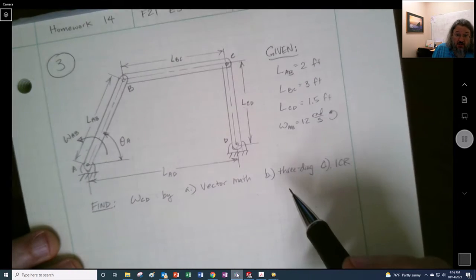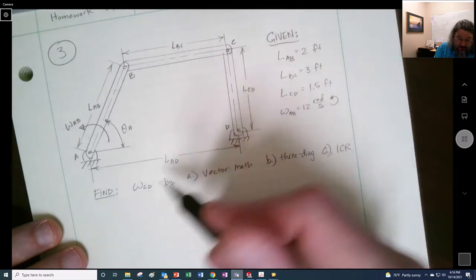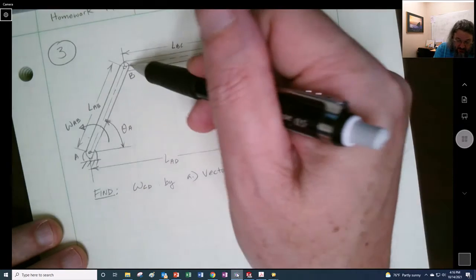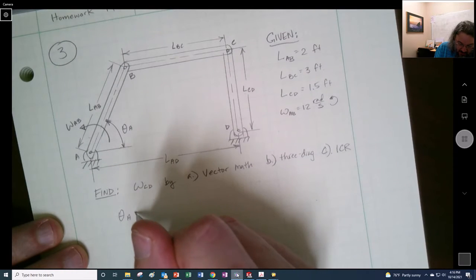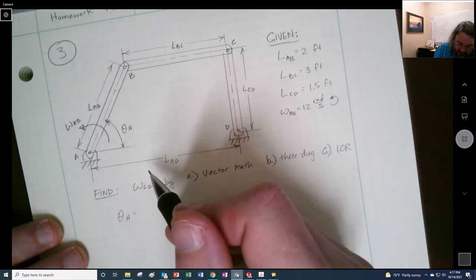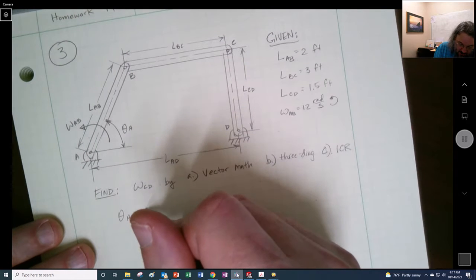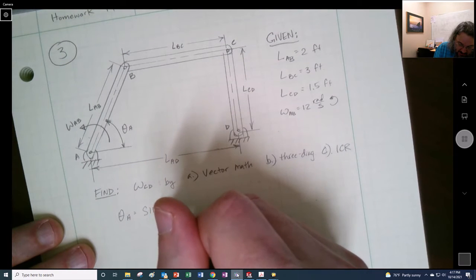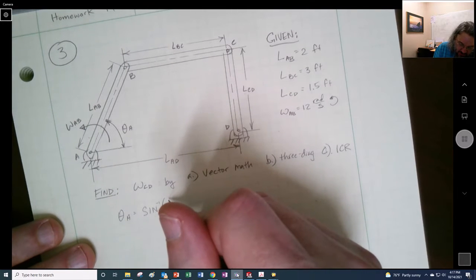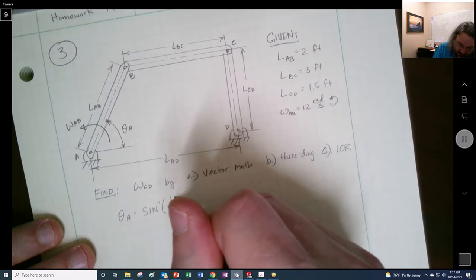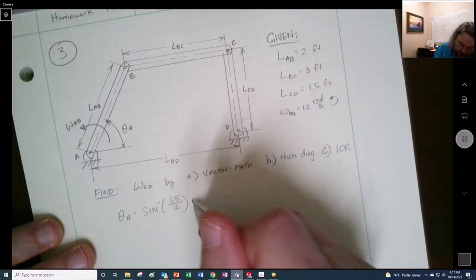Okay, so from this thing, we can figure out what theta A is going to be. We know that this is the height of this triangle right here. So theta A is going to be opposite right there, right? So it's just going to be the arc sine of opposite over hypotenuse, or 1.5 divided by a hypotenuse of 2.